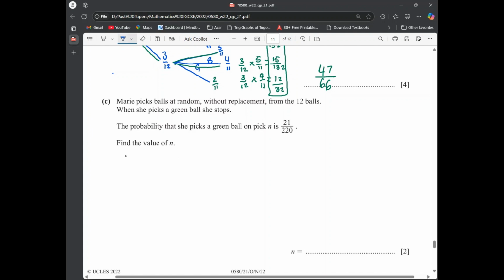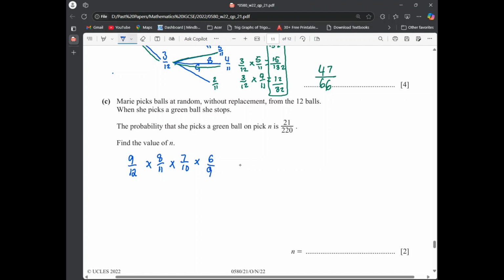Here are the chances. So first, she can pick 9 over 12. The probability of picking a second time is 8 over 11. The probability of picking a third time is 7 over 10 multiplied by 6 over 9.